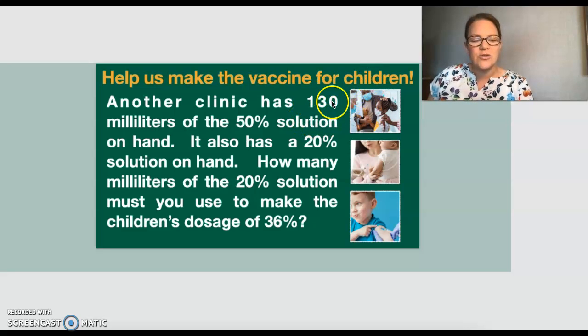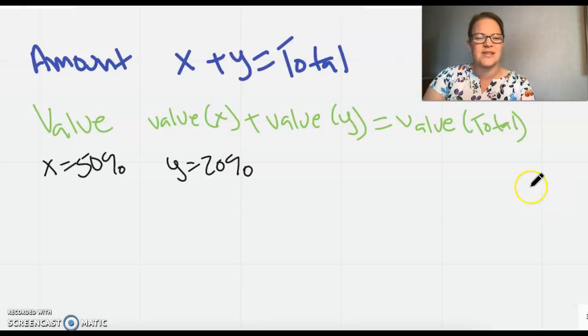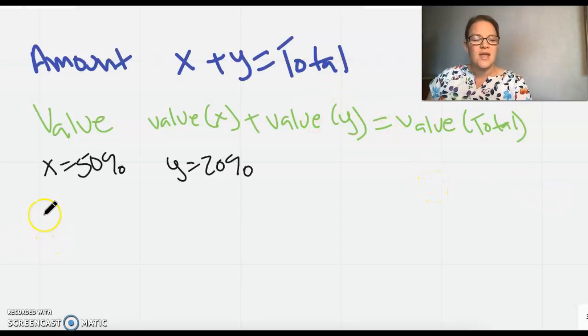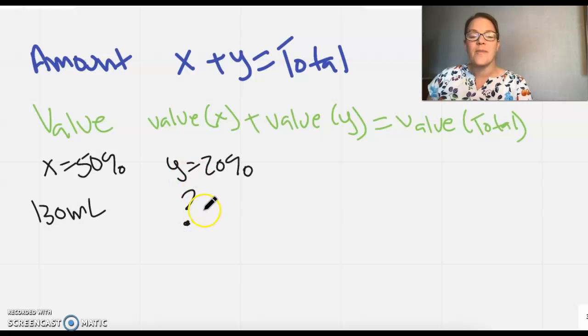I have 130 milliliters of the 50% solution. Where can I plug that in with this pattern I've been taught, and how can I use that? So I already know I have 130 milliliters here. The question is asking me how many milliliters of the 20% solution I need, and I know that the 36% is the value of the total.